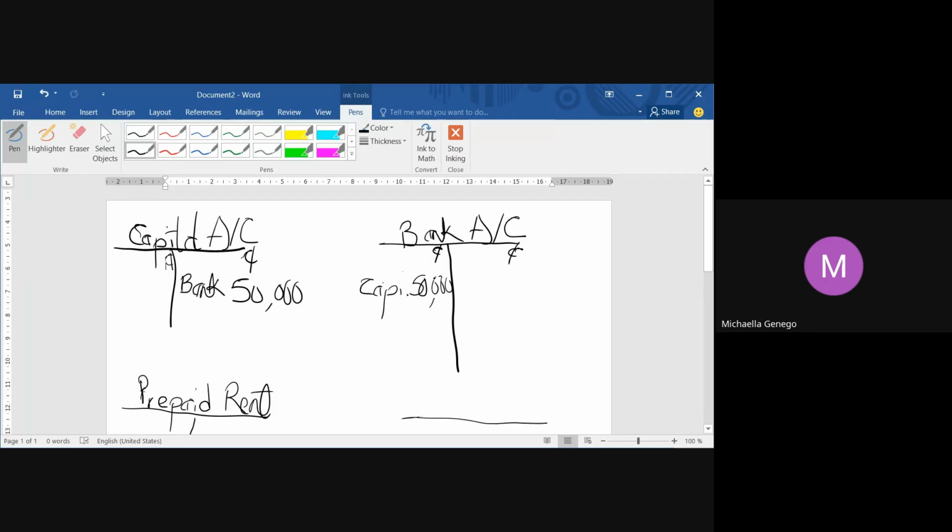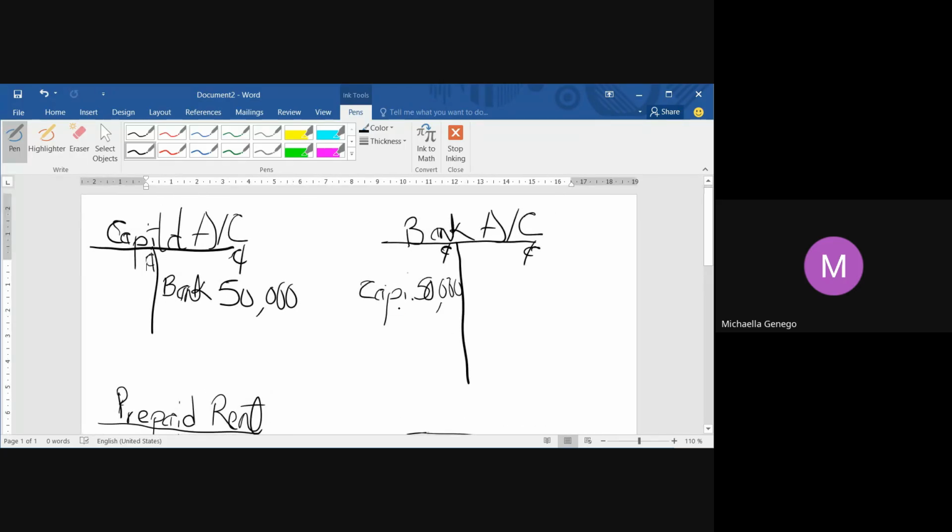The time is not due yet, but you've paid it in advance. So if the year comes for that rent, then it becomes an expense. You get it? Yes.